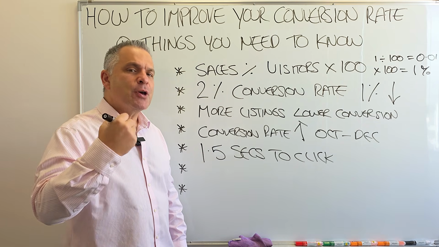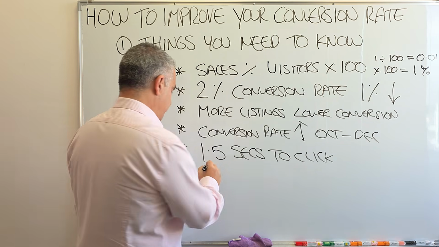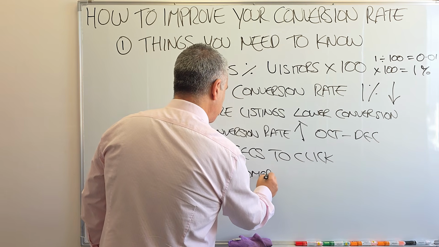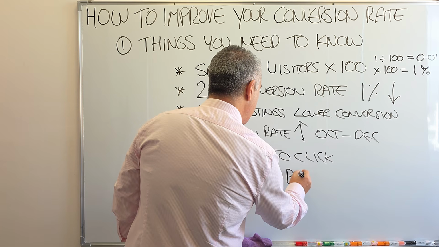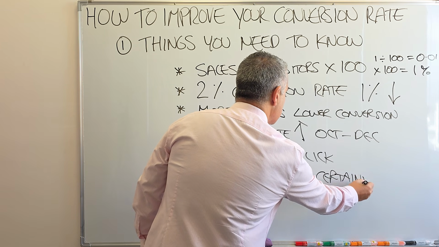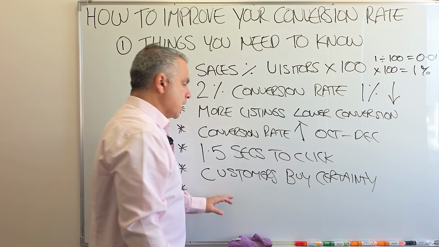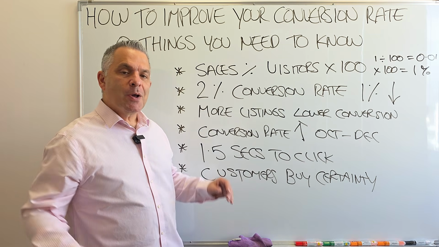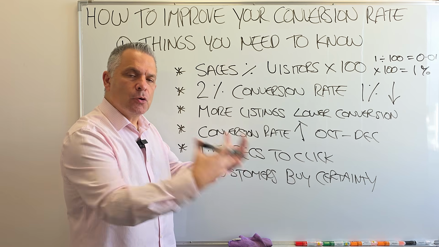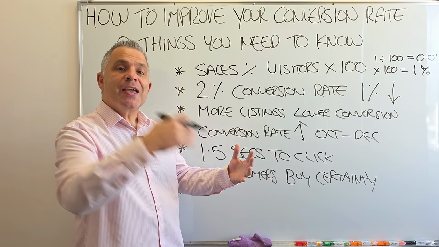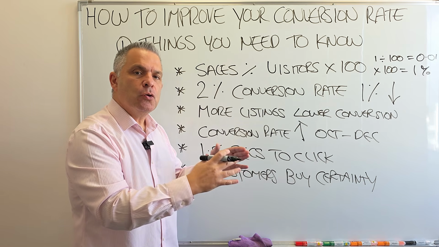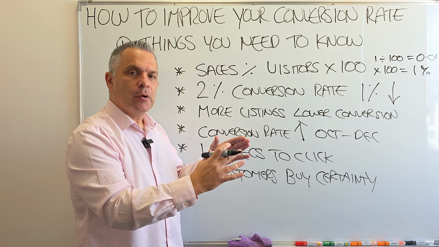And maybe you haven't thought of this, I don't know, let's have a look, right? Customers buy certainty, okay? Maybe you've heard of this. Customers buy certainty. So when you're looking to convert and someone sees your listing image, they need to be as certain as possible that it's you that they're looking for, right?